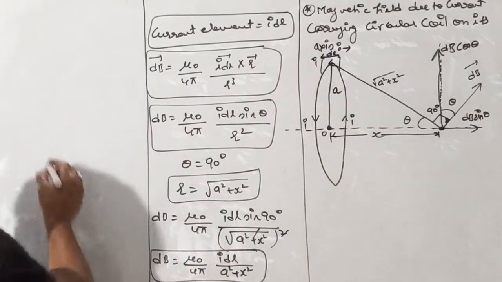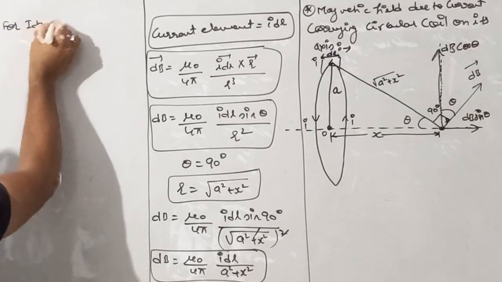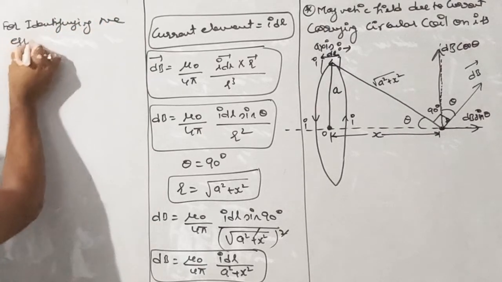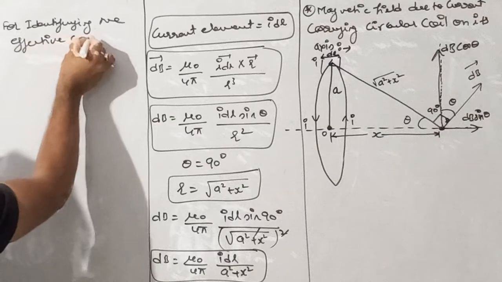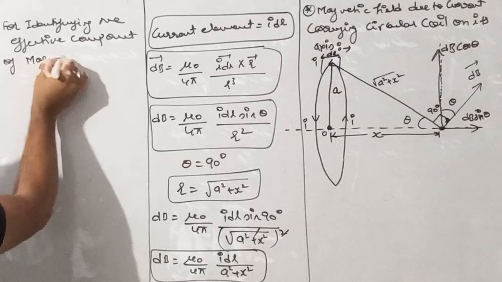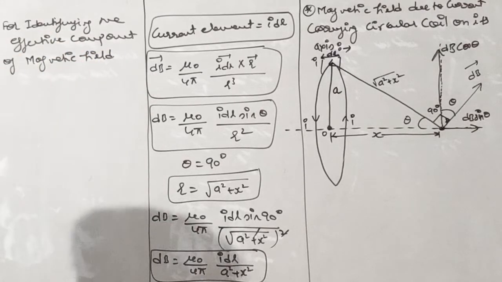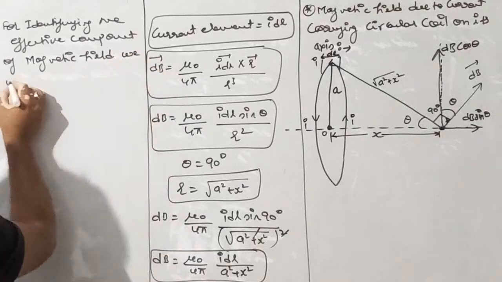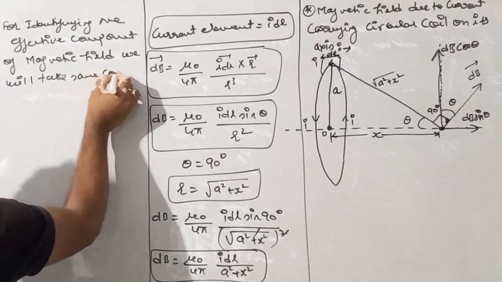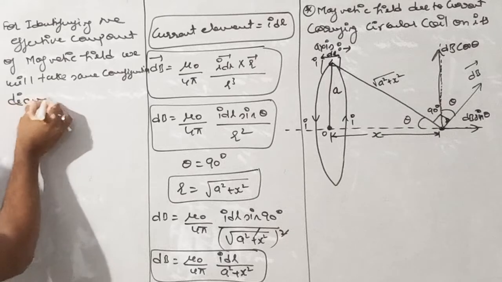So for identifying the effective component of the magnetic field, we will take the same configuration at the diametrically opposite position.